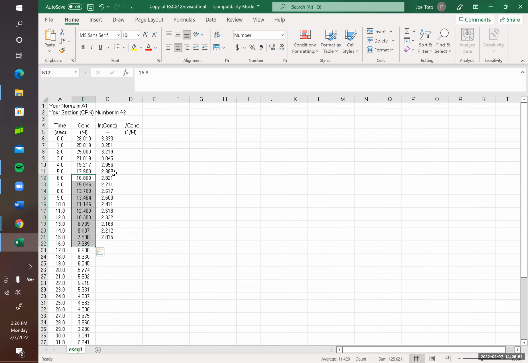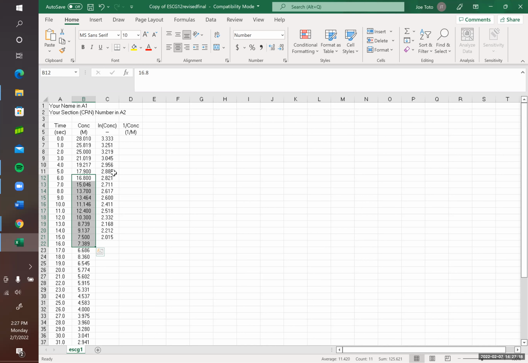Just a reminder, if you have any questions, just holler. All right, B, number 8B, order of reaction section. This section is an analysis concerning the order of the decomp data given in the ESCG1 assignment. This is to include a statement of which type of the reaction order this data represents and why you have come to this conclusion.